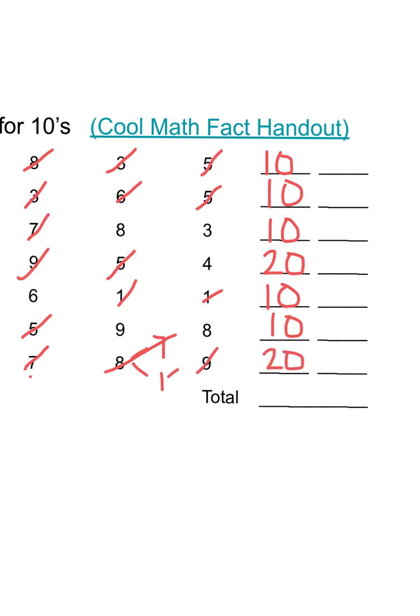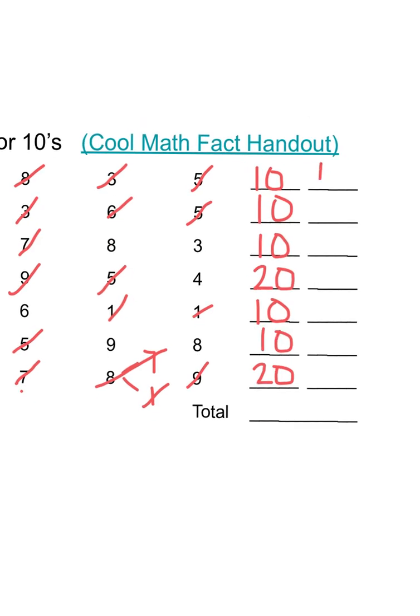Now I have a 9 plus 1 equals 10. 6 and 4 equals 10. 8, and I'm going to break that 4 into a 2 and a 2 and take one of the 2s to make a 10. Now I have 8 and that 2 equals a 10.